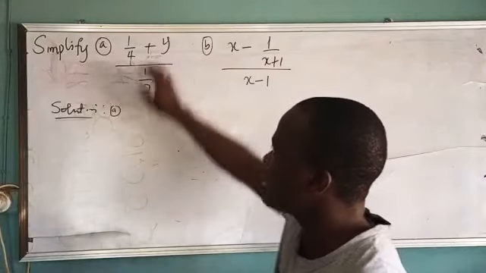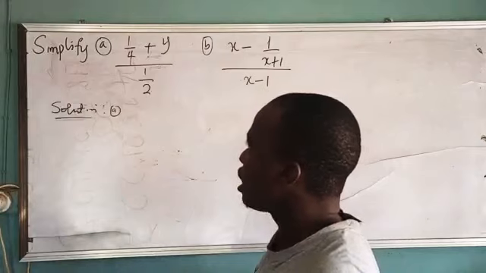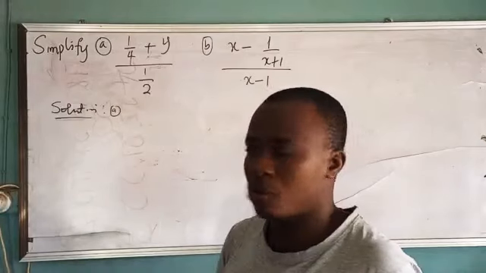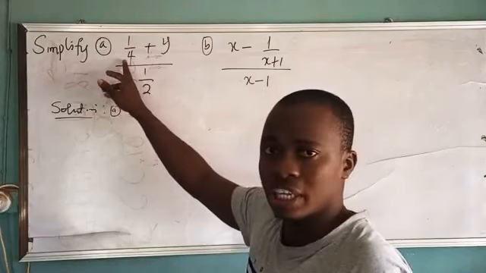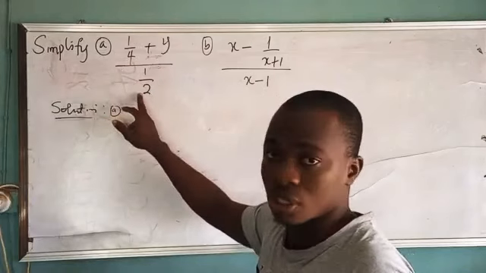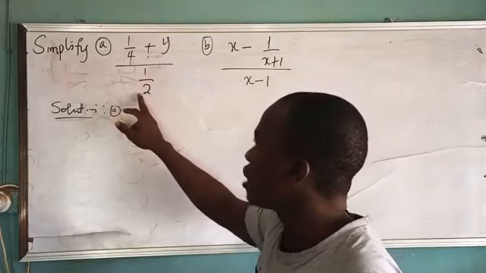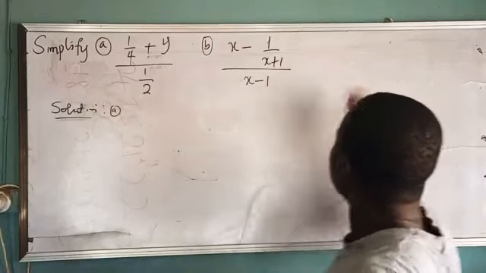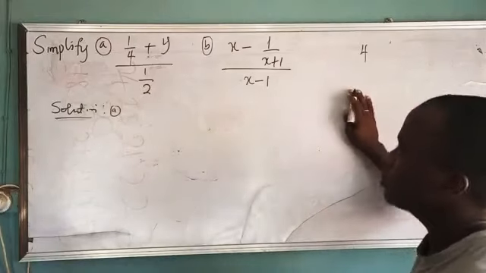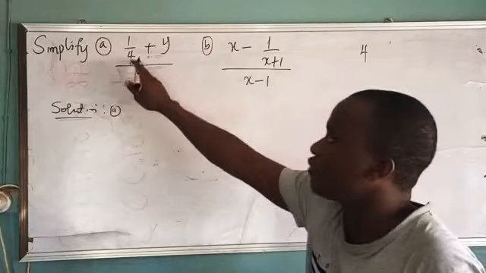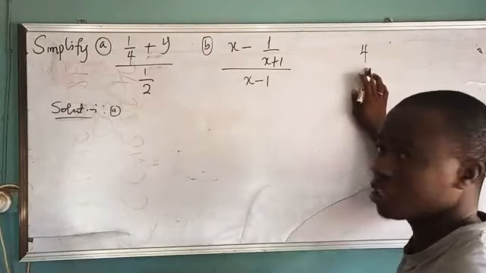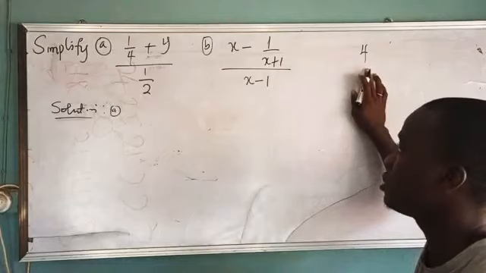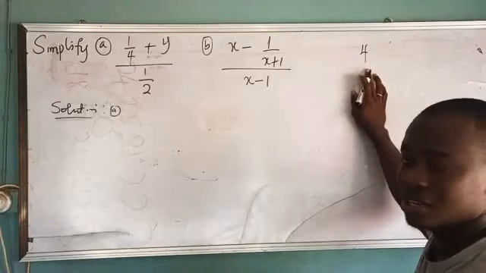To clear it, we are going to look for an appropriate common factor that 4 will go into and also 2 will go into. If you pick 4, 4 will go in 4, yes, and 2 will go in 4 exactly without remainder. Are you getting it?